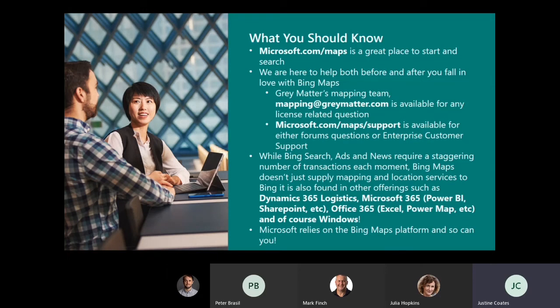For example, when you're searching for a pizzeria in Bing, you don't want a pizzeria that's in Napoli. You want a pizzeria that's down the street. That actually involves a location service from the Bing Maps platform. So if Microsoft, at that kind of volume, can rely on our Bing Maps platform, so can you.